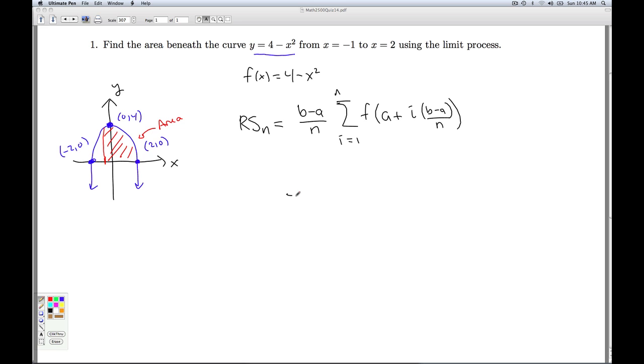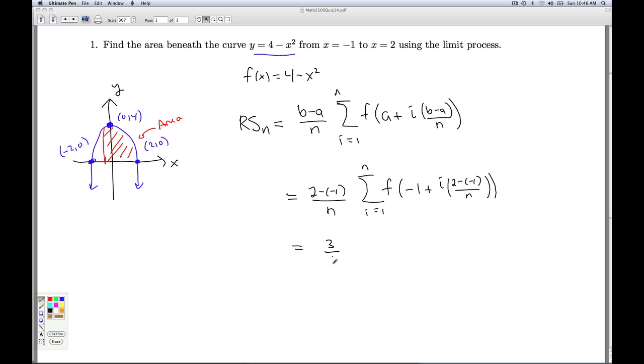Okay, so let's plug in: b is 2, a is -1. So this is (2 minus -1) over n times the summation, i goes from 1 to n, f of (-1 plus i times (2 minus -1) over n).